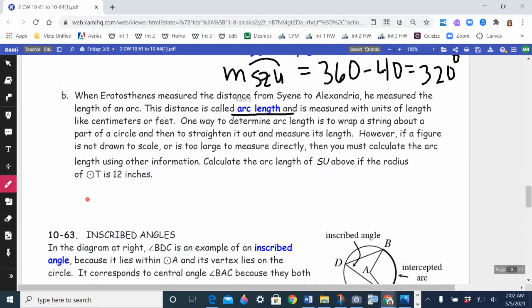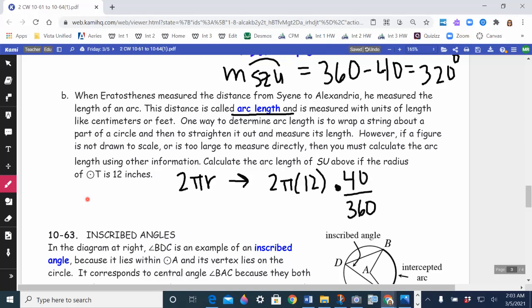So we are going to take our circumference, which is 2 pi r. So we're going to end up having 2 pi times our 12. Now we don't have the whole entire circumference. We had part. We had 40 out of 360 degrees. And then we're going to work that out.